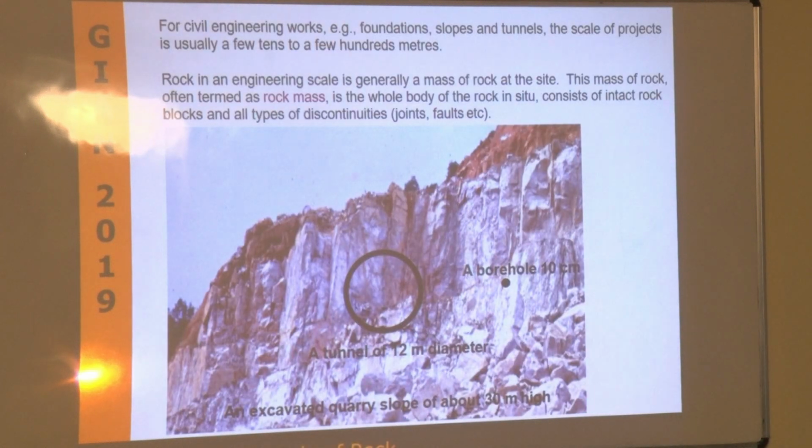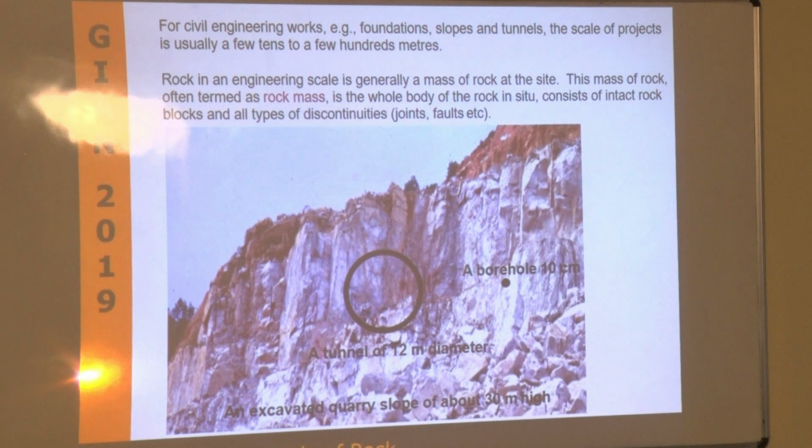So that means that for the same slope, depending on what you are doing, if we're dealing with a borehole of 10 centimeters, it's quite possible that you don't encounter many fractures. You might want to use the strength criterion for intact rock. For a tunnel of 12 meters, you're probably going to encounter quite a few joints.